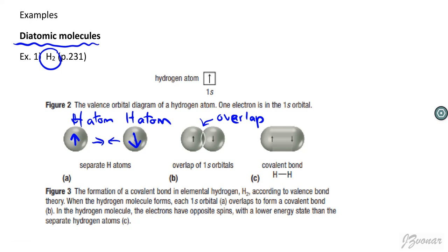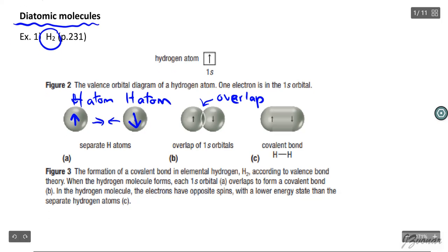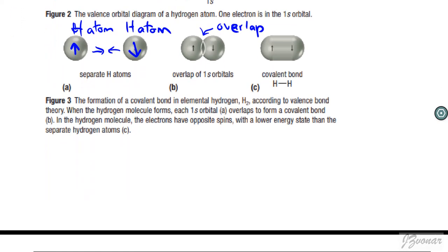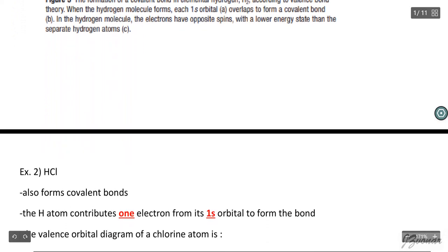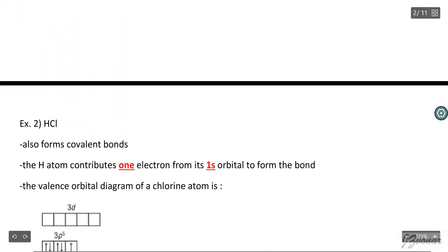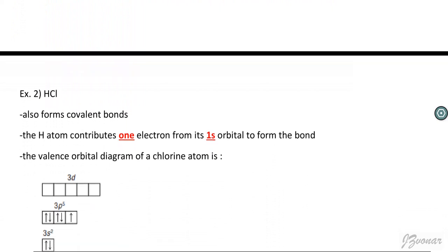And so this results in these two electrons being shared between the two atoms. This is a lower energy state than if the atoms were individual atoms on their own. All right, so let's take a look at another example. So it's very easy for s orbitals to overlap.